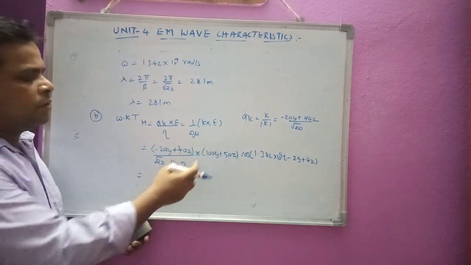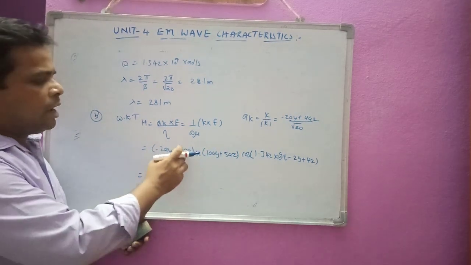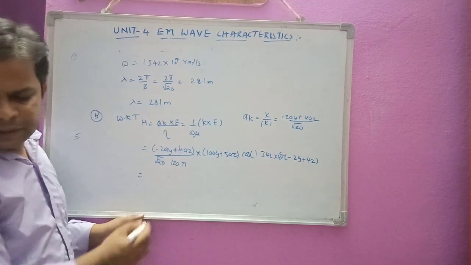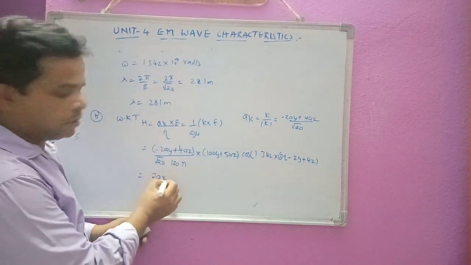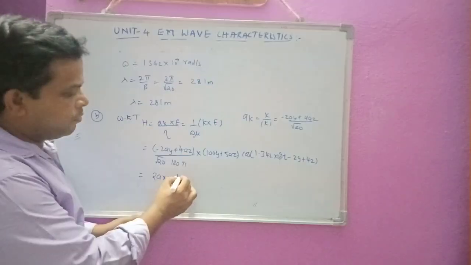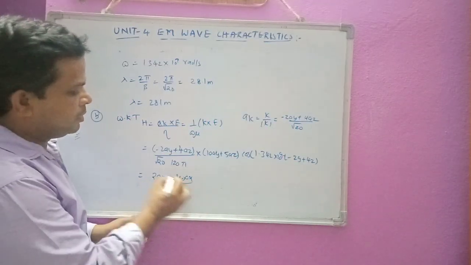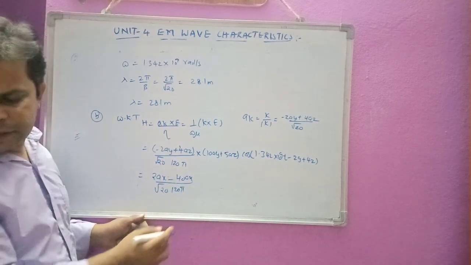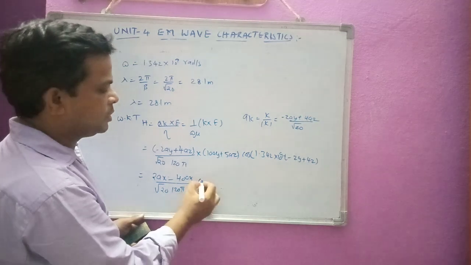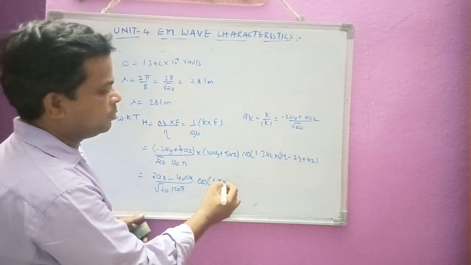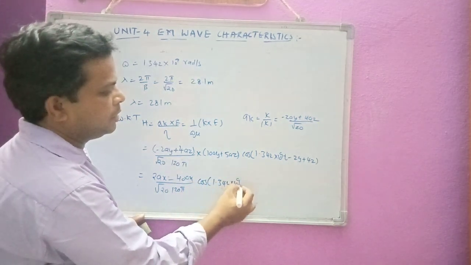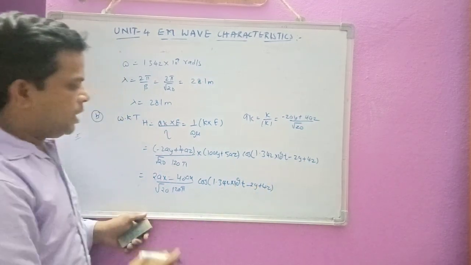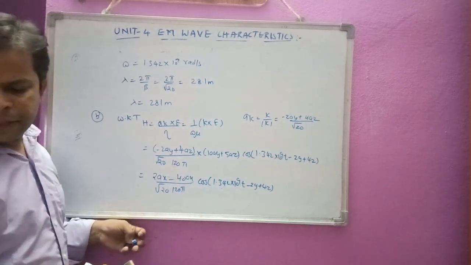So AY cross AY will become 0, and AZ cross AZ will become 0 here, and the rest of the things we will get like this: 2AX minus 40AX by this value root 20, something, that is 120 pi here, and this value will remain the same after multiplication also, that is 1.342 into 10 power of 9 t minus 2y plus 4z here.